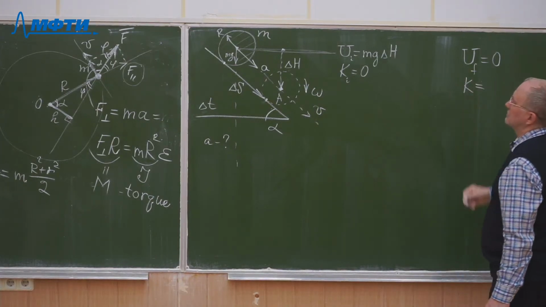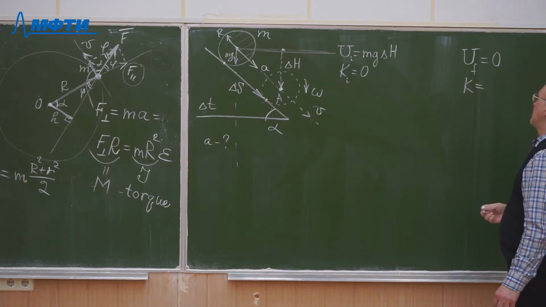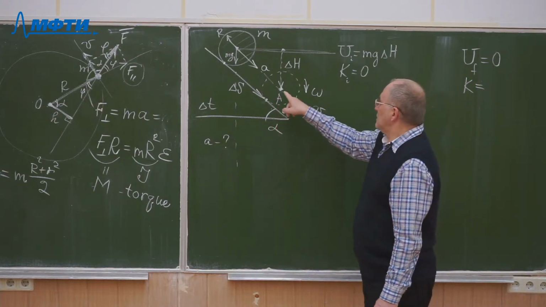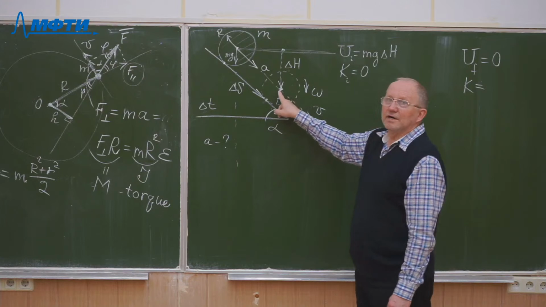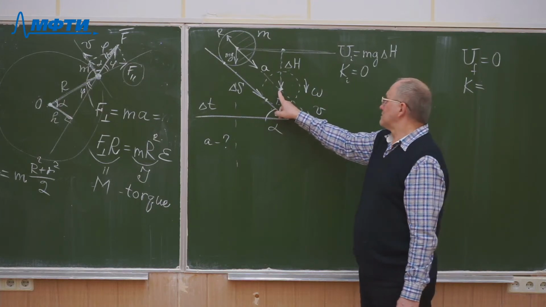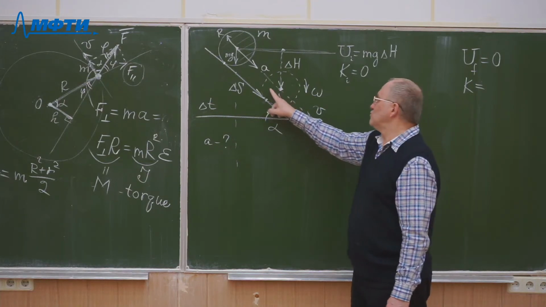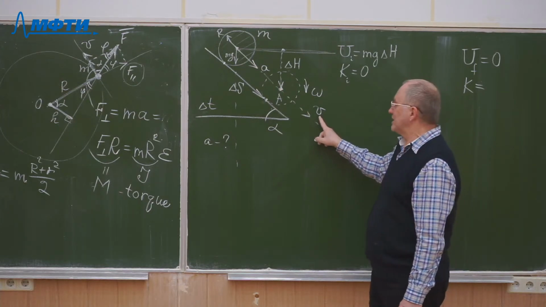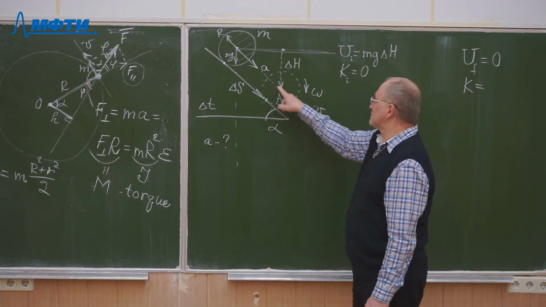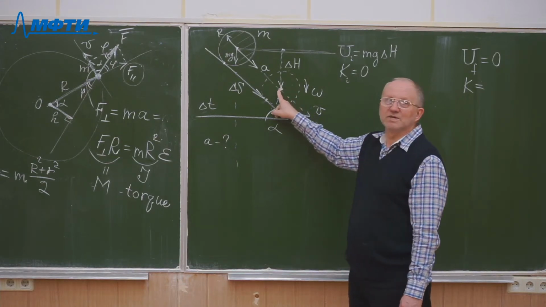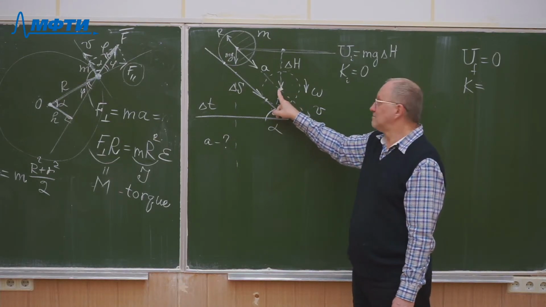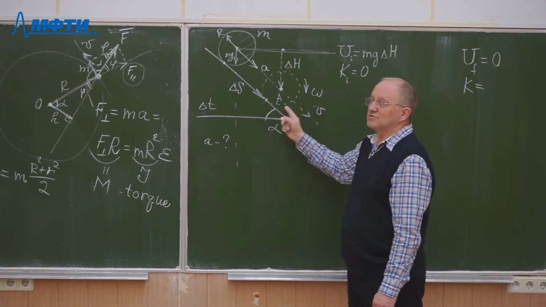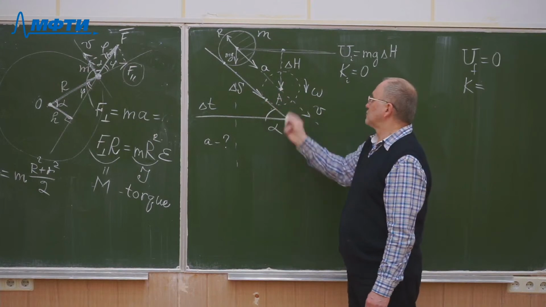So the kinetic energy of this body may be calculated in the following way. If we go to the reference frame moving in this direction with velocity v, then in this particular reference frame, the center of mass will be at rest. And the only motion visible will be the rotational motion of this cylinder.